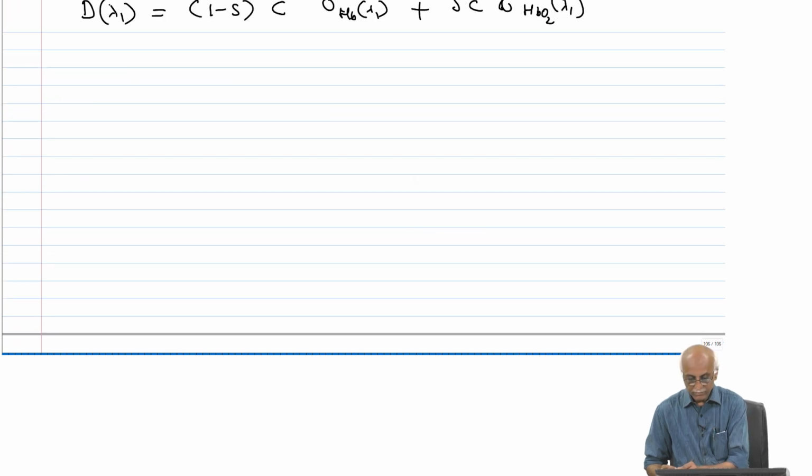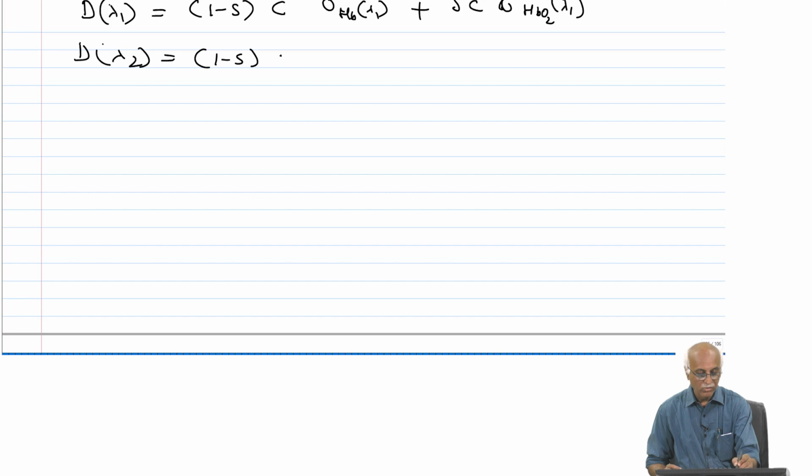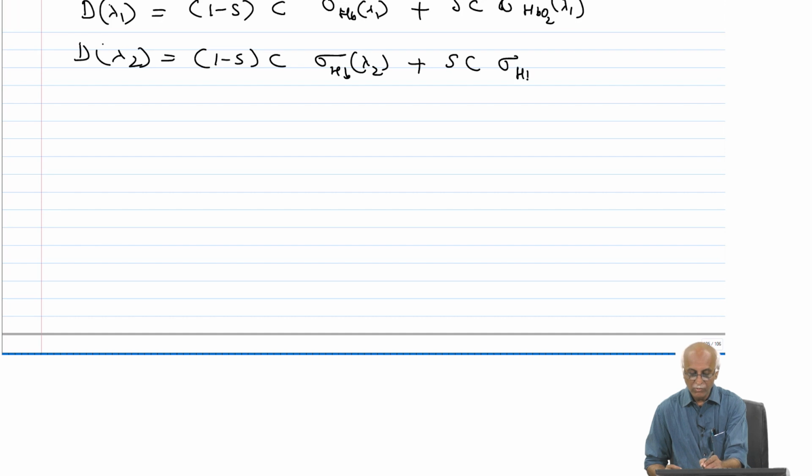Similarly, D lambda 2 is 1 minus S times C sigma of hemoglobin at lambda 2 plus S times C sigma of oxyhemoglobin at lambda 2.